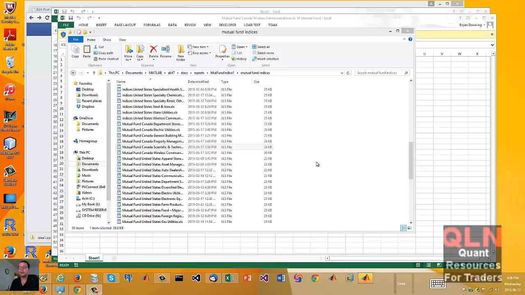I just wanted to show you, as you know, the workaround that I'm working with for ETFs is pretty straightforward. I can basically scan mutual funds and indices for particular sectors by country.